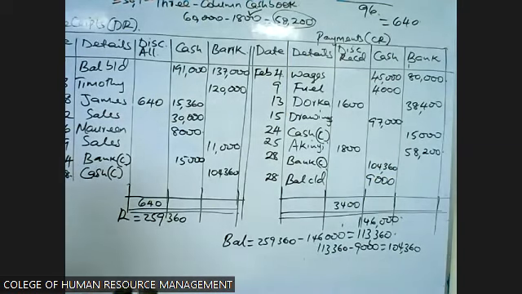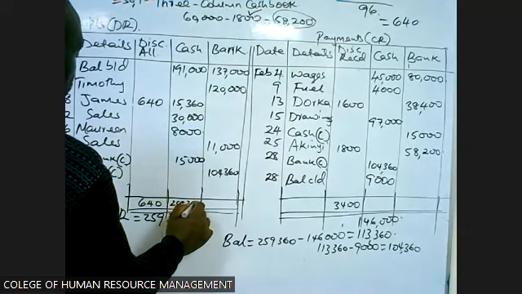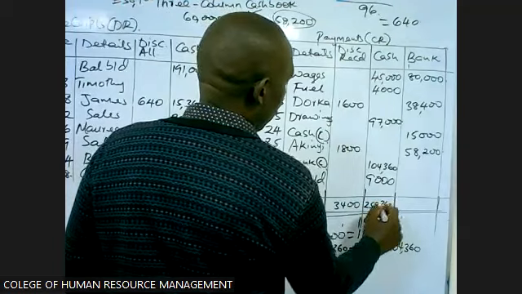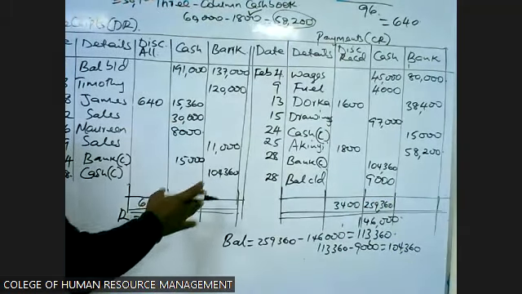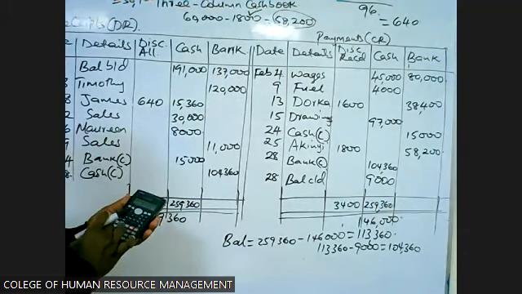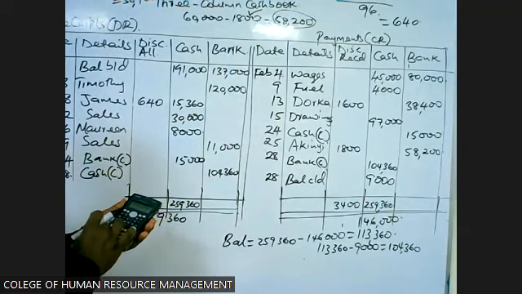For the bank, so here we are going to have 259,360. Here we are going to have 259. For the bank, this side seems to be having more. So that has added 137,000 plus 120,000 plus 11,000 plus 104,360.